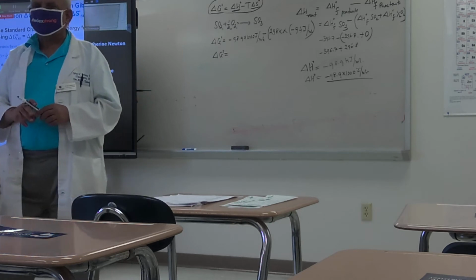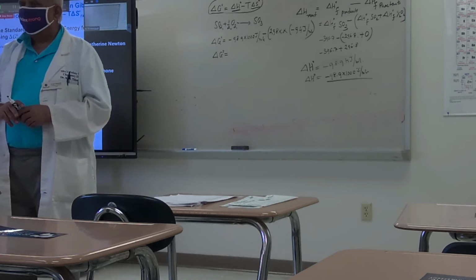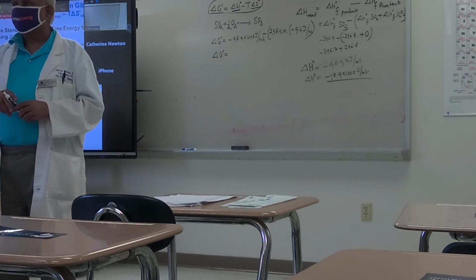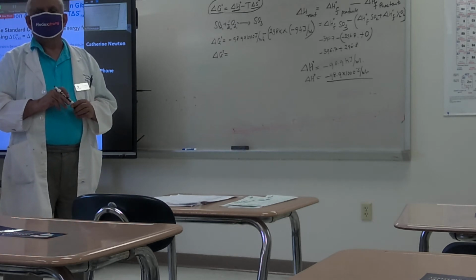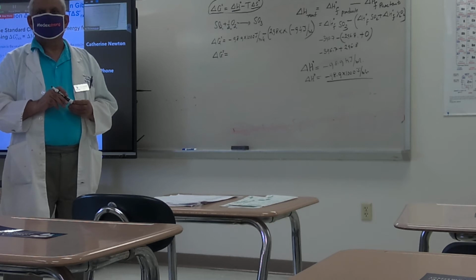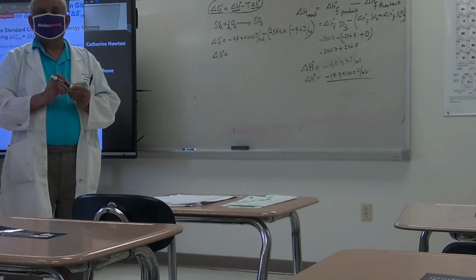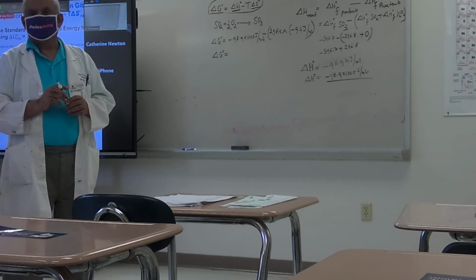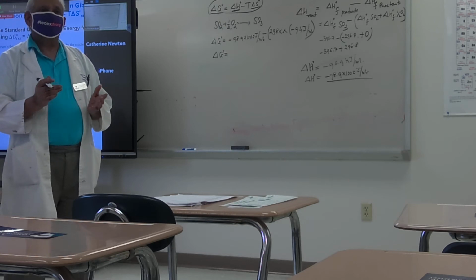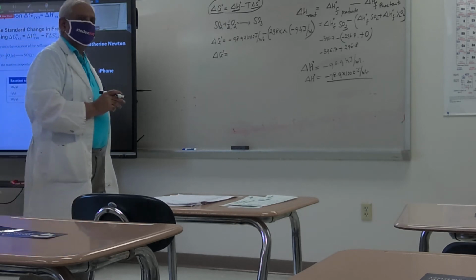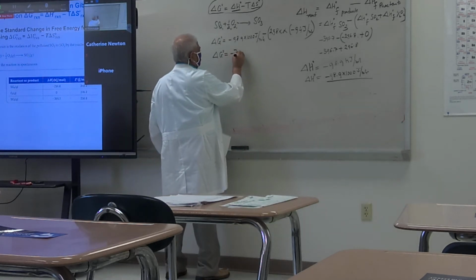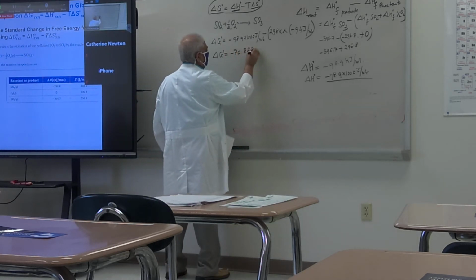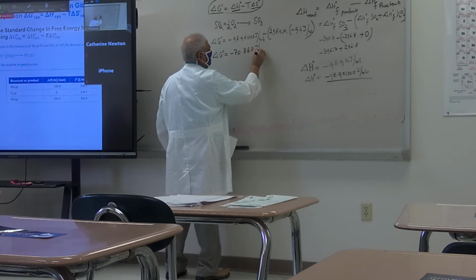Either your calculators are screwed up, or you are hitting the wrong buttons. Okay, so it's negative 98.9 minus 298 times negative 94. You forgot about the multiply by 1,000. Oh, right. So what's the final answer? Negative 70,888. This is joules, correct?